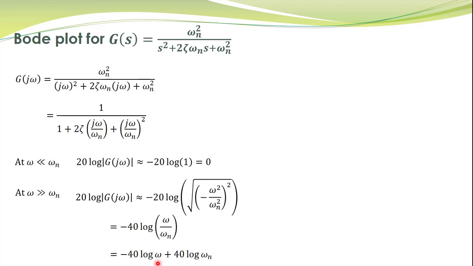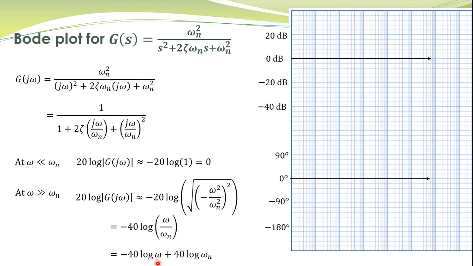So we have this semi-log graph paper. On this graph paper we have split it into two parts to obtain the magnitude frequency response and the phase frequency response. The first step is to indicate this frequency omega n, which is called the corner frequency.